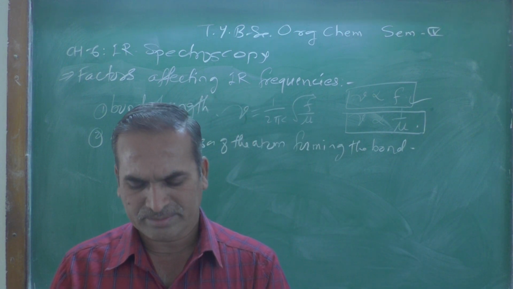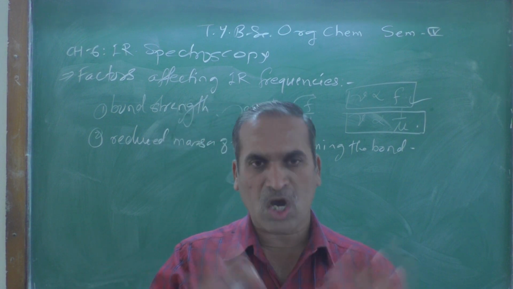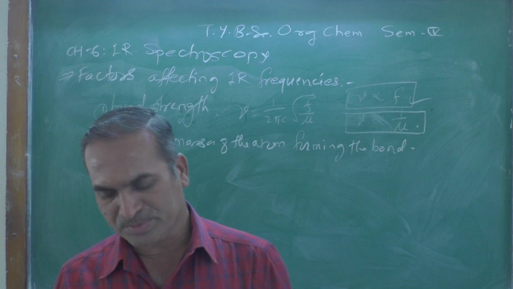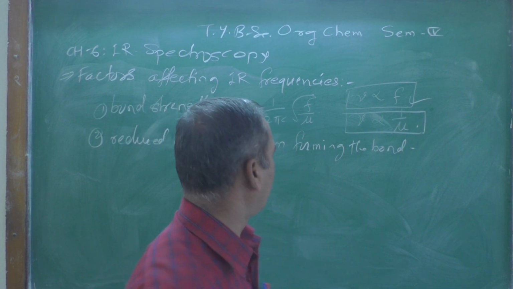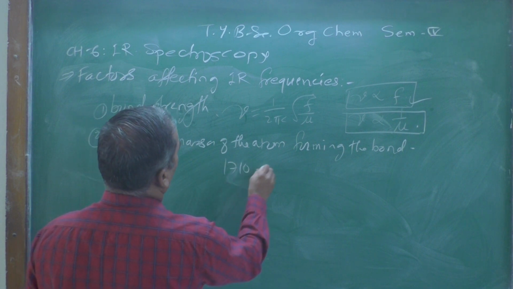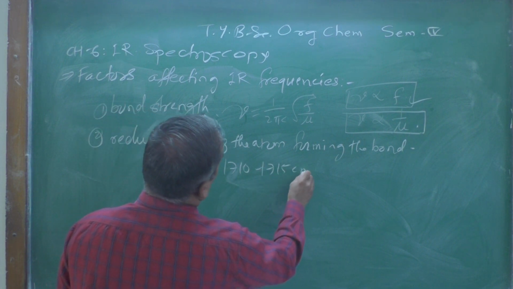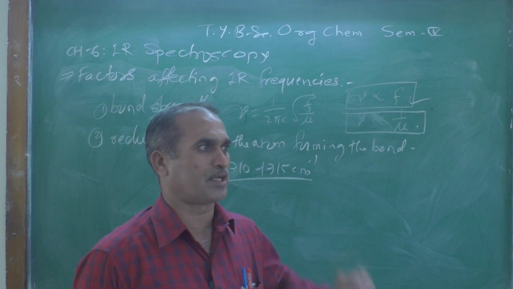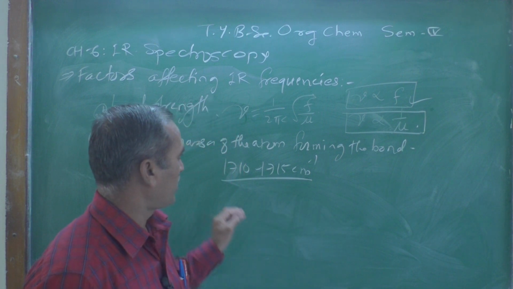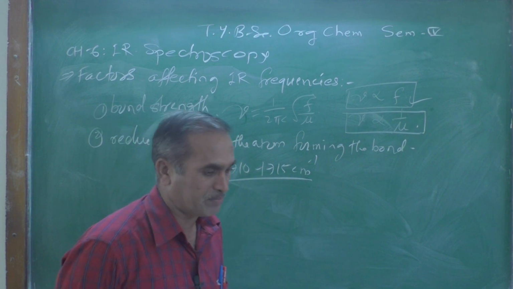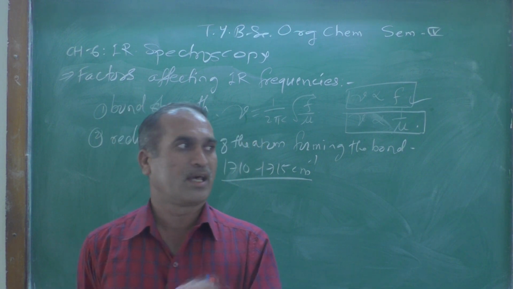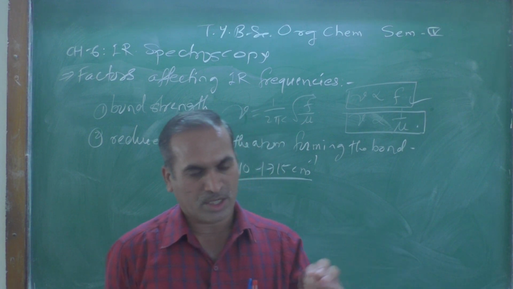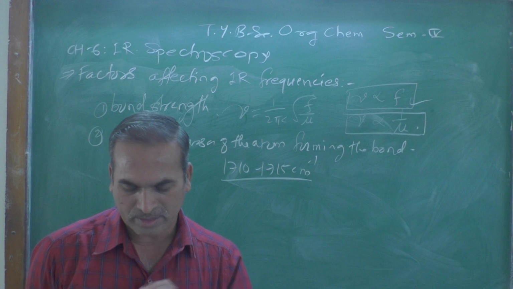For example, the carbonyl group of all saturated ketones generally absorbs in the range of 1710 to 1715 per centimeter. This absorption peak, band or signal appearing around 1710 to 1715 per centimeter clearly indicates the presence of a saturated ketonic group in an organic molecule.